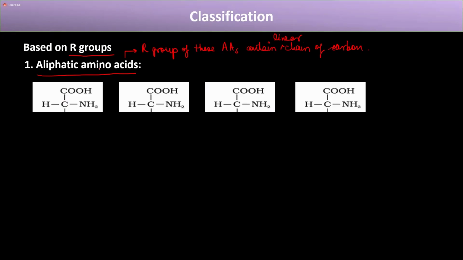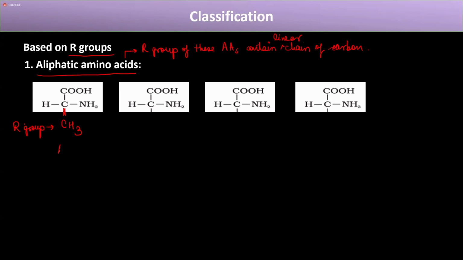Now, what are the aliphatic amino acids? Let's draw them one by one. This is the basic structure of all amino acids. It contains an NH2 group, one carboxylic group, and a hydrogen. Now, the first example of an aliphatic amino acid is alanine. The R group of alanine consists of CH3.